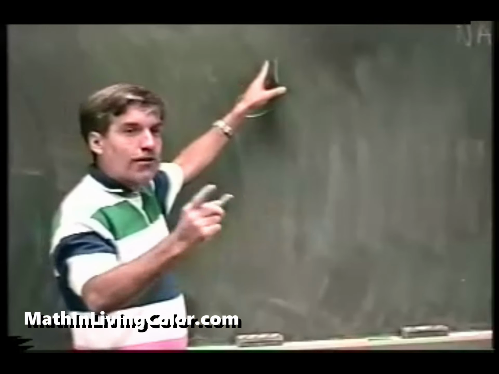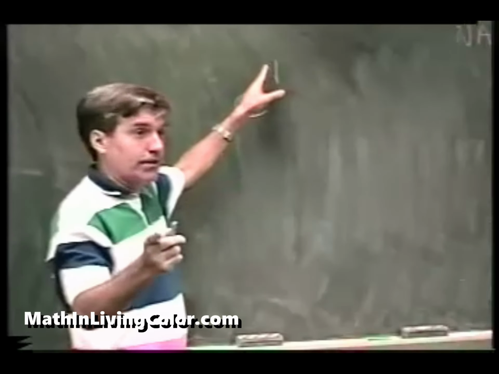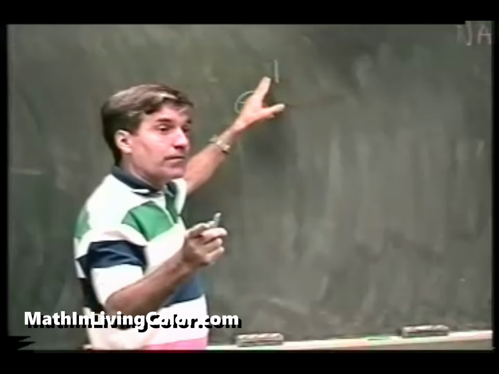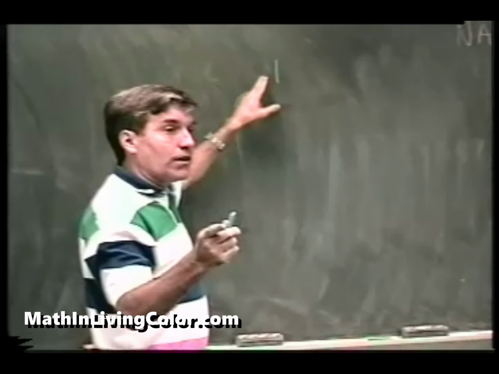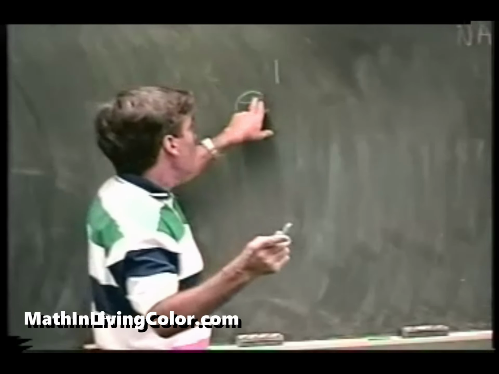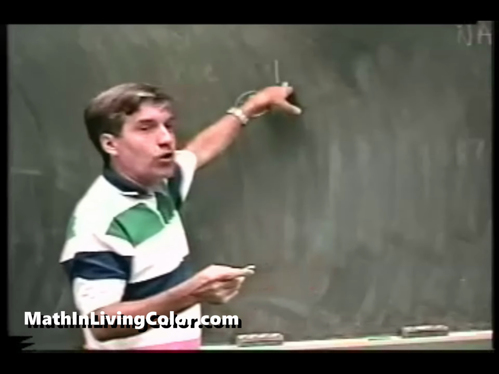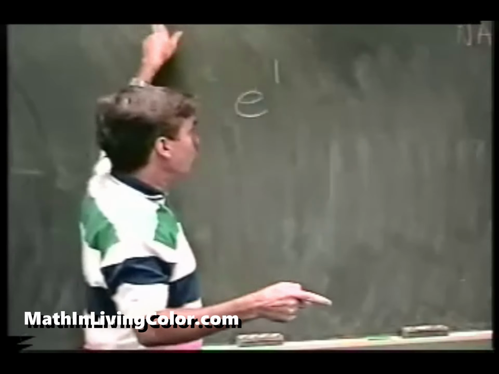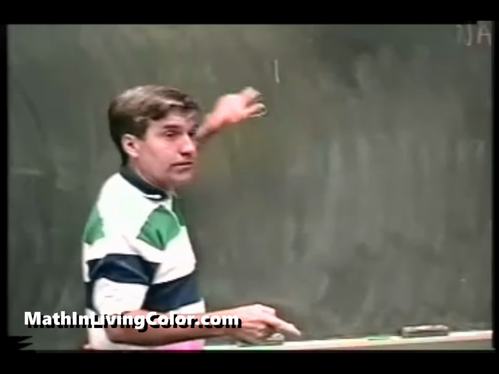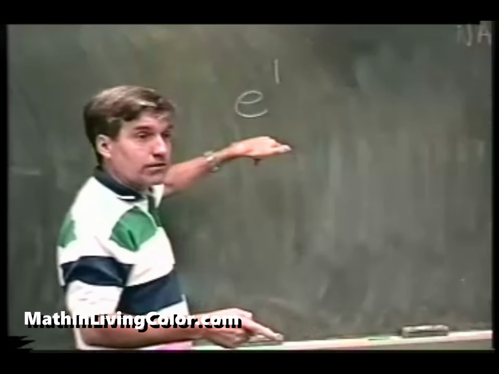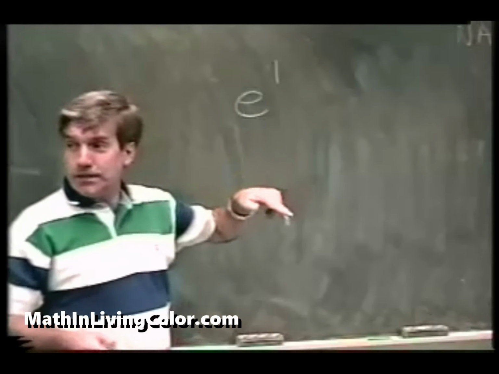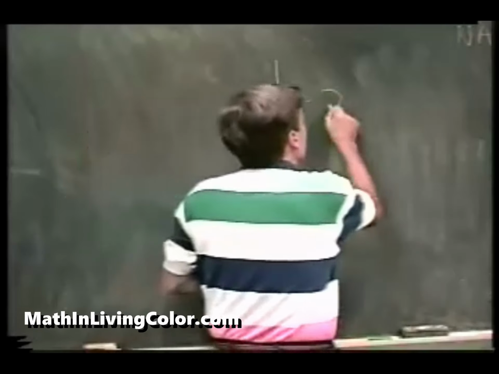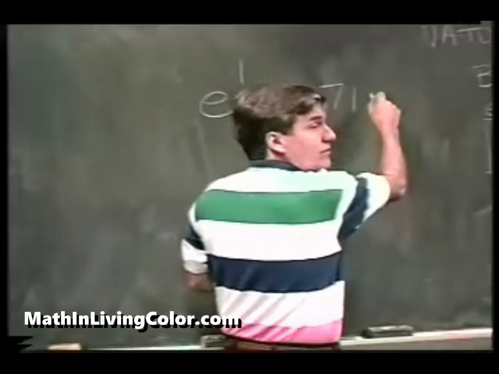First of all, give the calculator a 1, and then do shift ln, second function ln, e to the x. And that's it, e to the x. And then what do you get? 2.718.